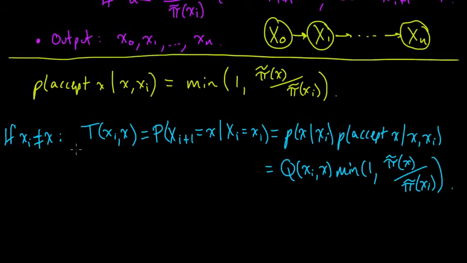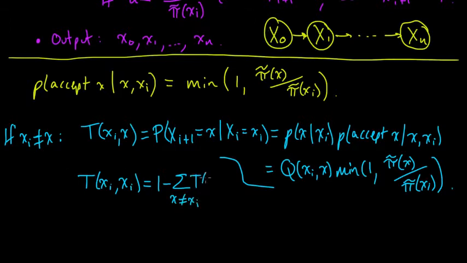And we also need to get an expression if it's equal, so let me put that here. T(xi, xi), what is that? Well, that's just 1 minus the sum of all these others. So 1 minus the sum over all x such that x is not equal to xi of T(xi, x), because it has to be a stochastic matrix.